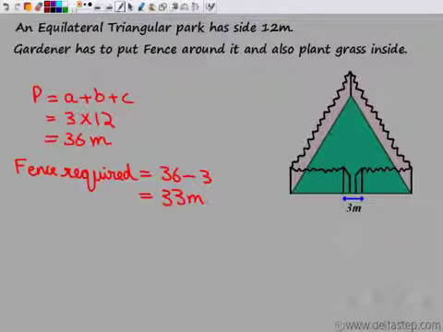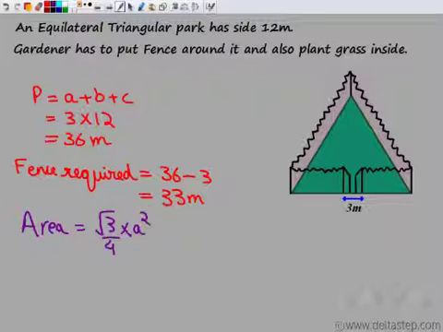Now let's find the area. Since it's an equilateral triangle, area we've just seen is given by the formula under root 3 by 4 into A square. So I get under root 3 by 4, A here is 12, side 12, into 12, into 12.